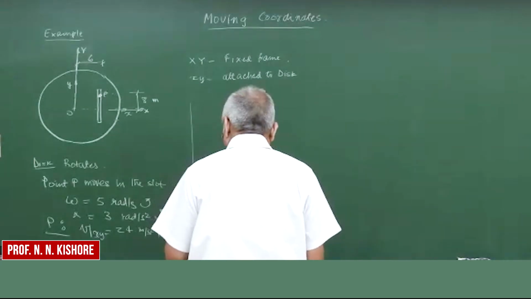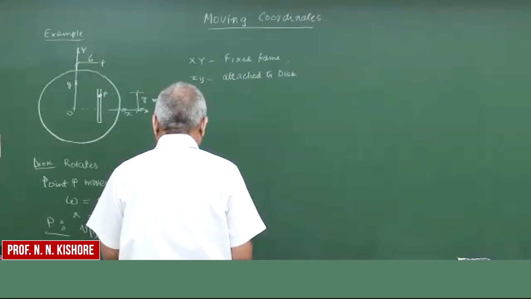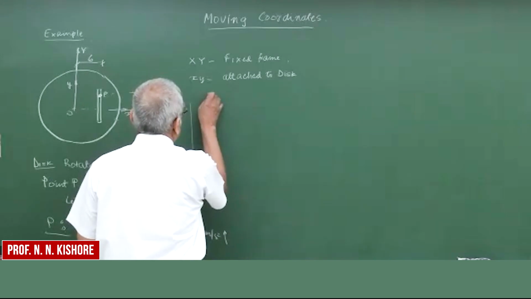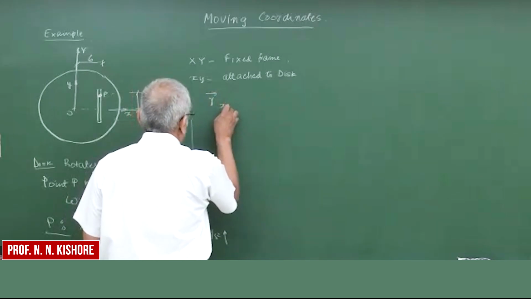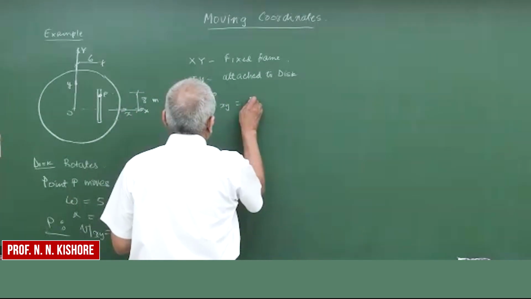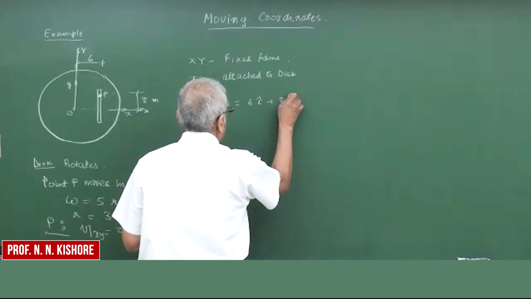So the position vector of this with small xy is very simply 6i plus 8j.